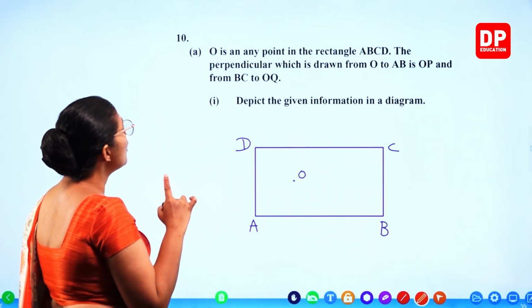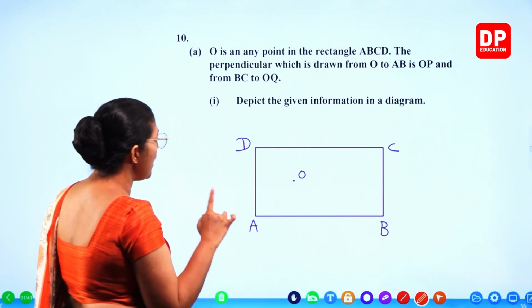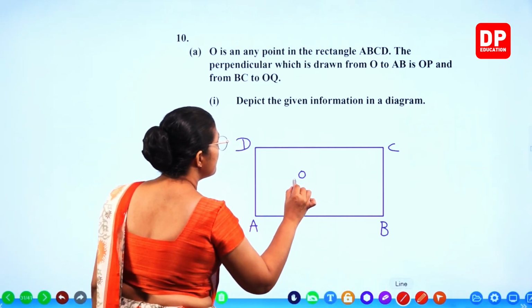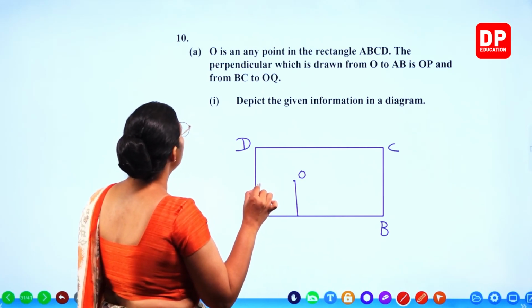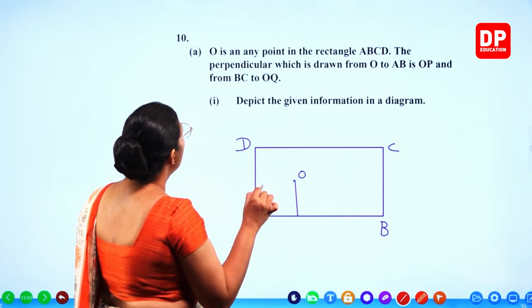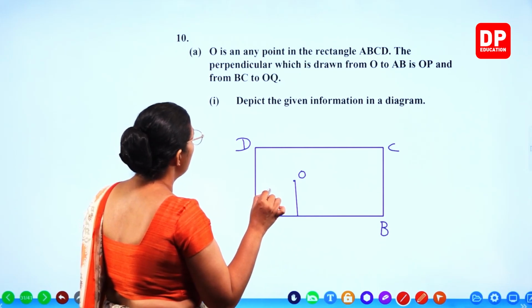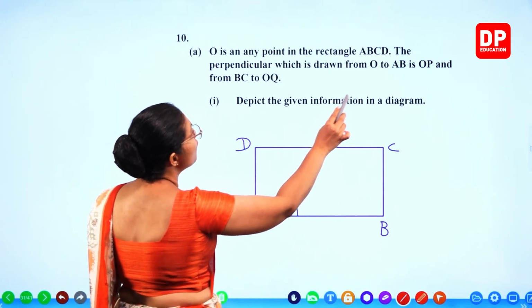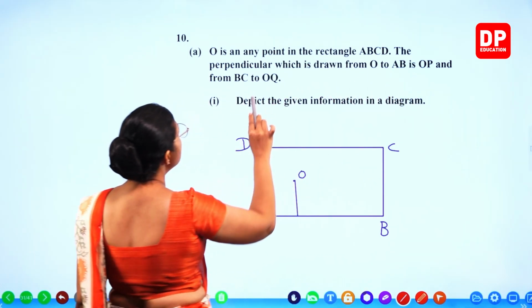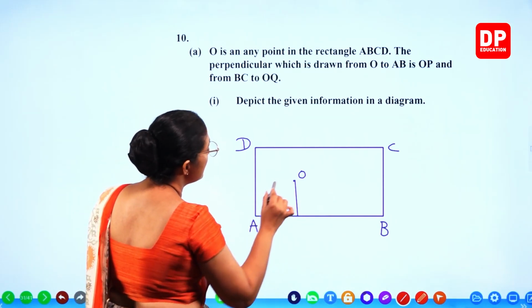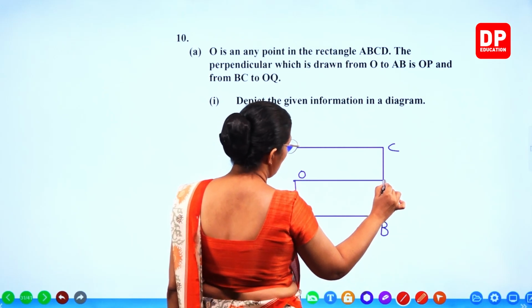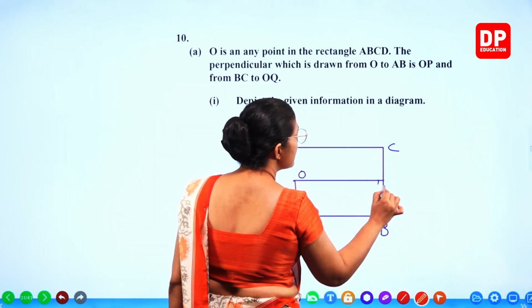The perpendicular which is drawn from O to AB, this one, is OP. And from BC, that's OQ. So you have to draw 2 perpendiculars.